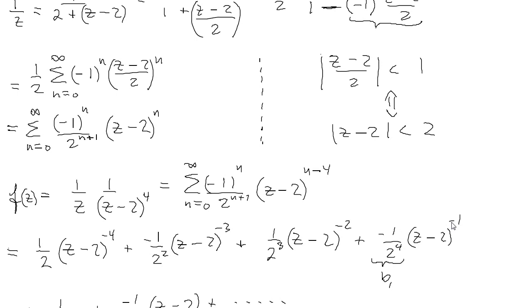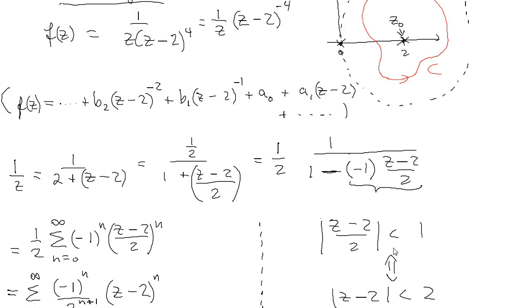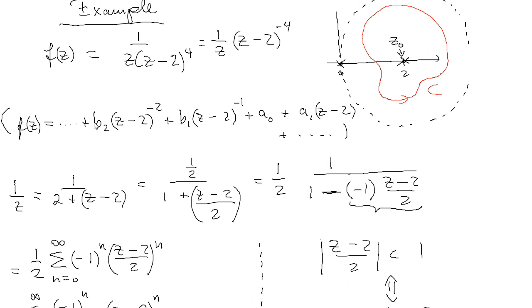But now we see that in this term we have (z minus z0) to the power of minus 1, and the coefficient in this term is the coefficient b1. Just look at our general expression. It looks like this.